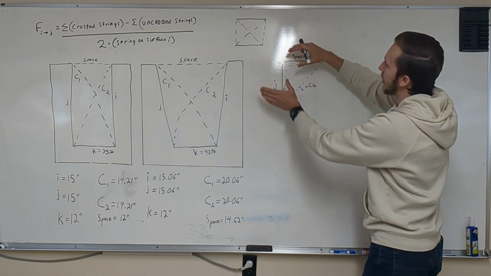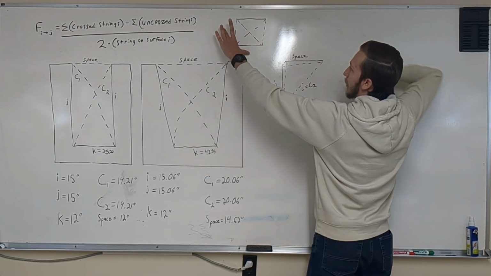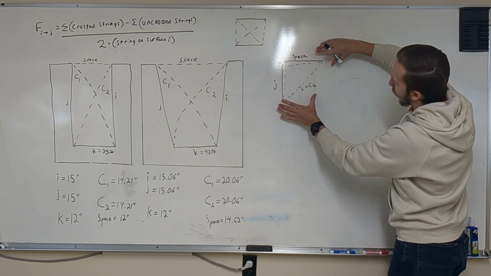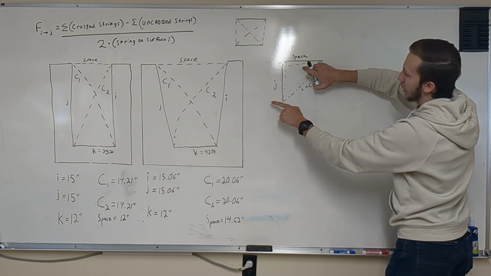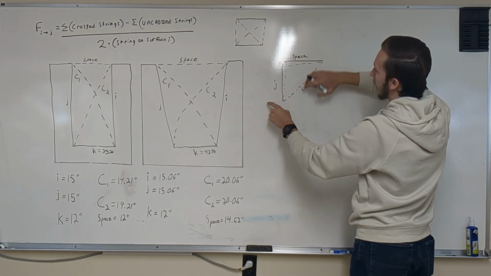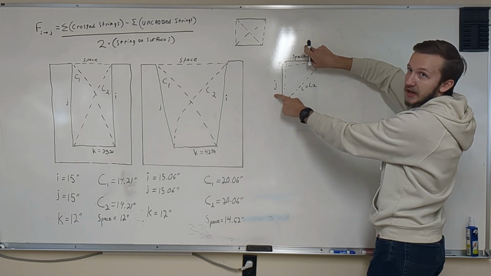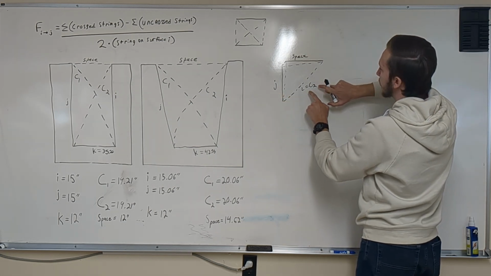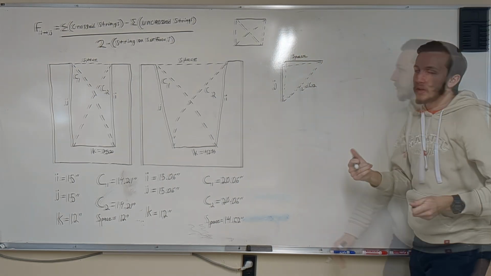So what we have to do is we essentially take this surface and we start to rotate it up and around here. As you do that, you can see that the 2 crossed strings start approaching J in space. And once this reaches 0, then the crossed strings will equal J and space. And our uncrossed string becomes C2, and our other uncrossed string just becomes 0.